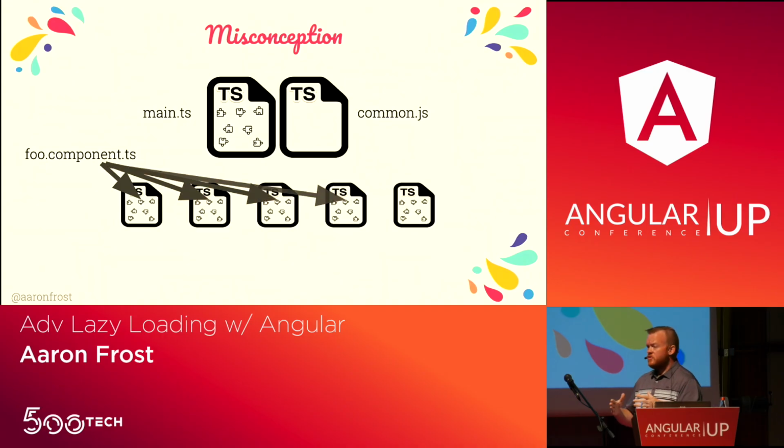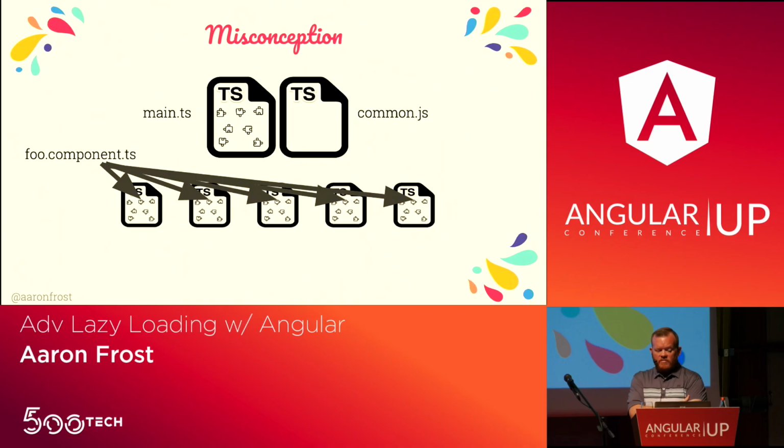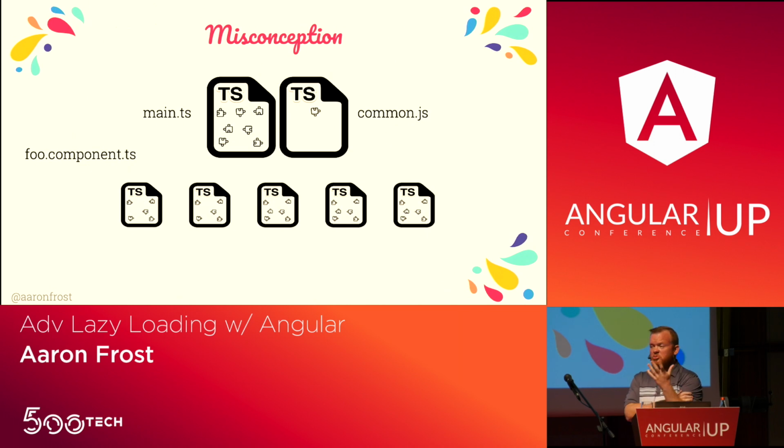But there are scenarios where the foo component will get used across the entire app. We think it's not going to get loaded until one of maybe not all of our routes use it, but maybe just two or three. And we think that won't get loaded until one of the two or three routes get loaded. But what Webpack does is it goes ahead for us and starts to pull those components out of the individual feature modules and put them up into that commons module.